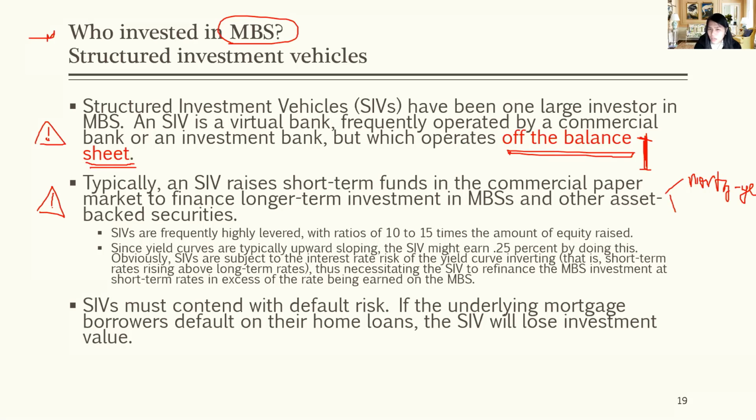And on their funding side, they fund their purchases using commercial papers, okay? So commercial papers are short-term debt instruments. So there's a funding mismatch, a liquidity mismatch here. They are funded using a lot of short-term securities, and at the same time, their asset is very long-term, okay?